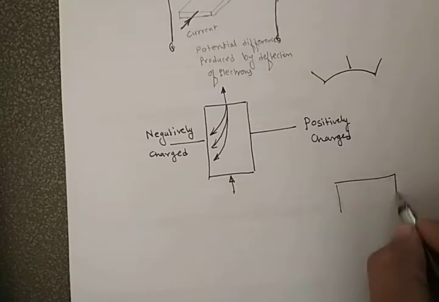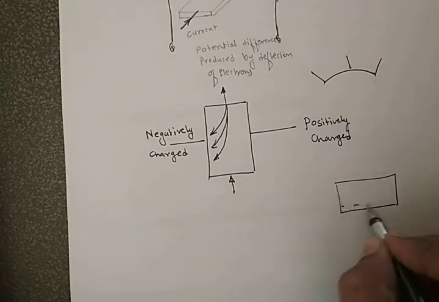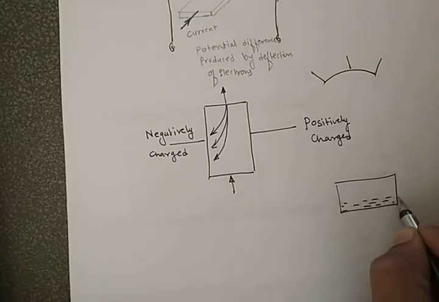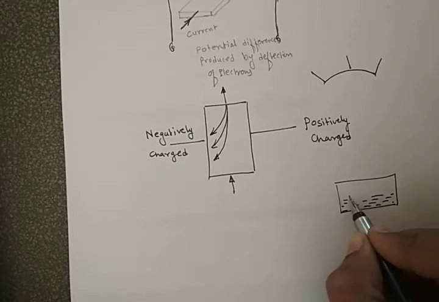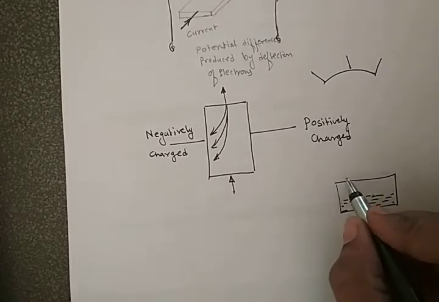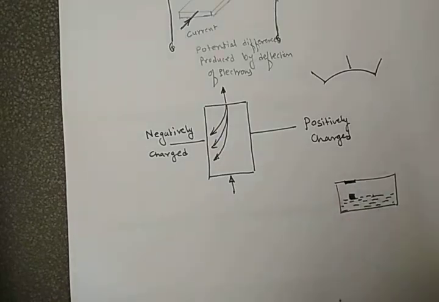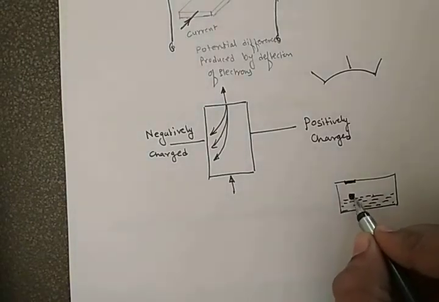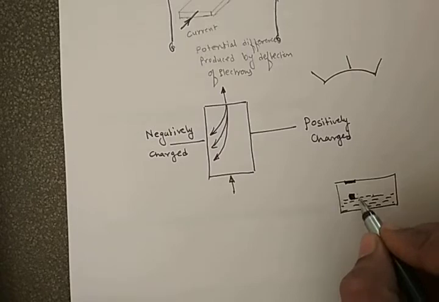If this is a tank, I'll draw it like this, and that object is floating in the fuel tank, and another object, that is the plate, the conductor, is placed over here. This is the magnetic field.